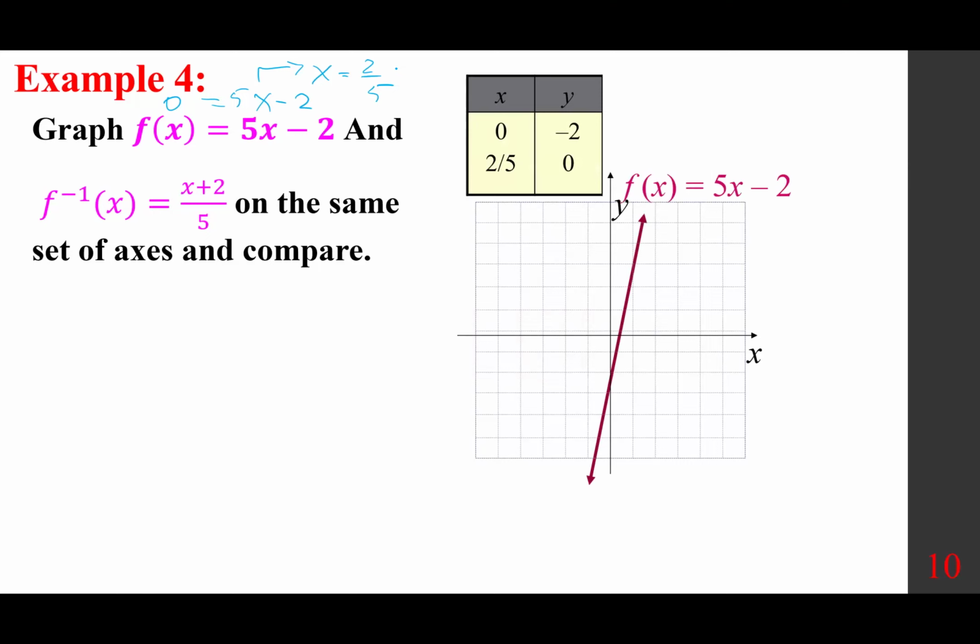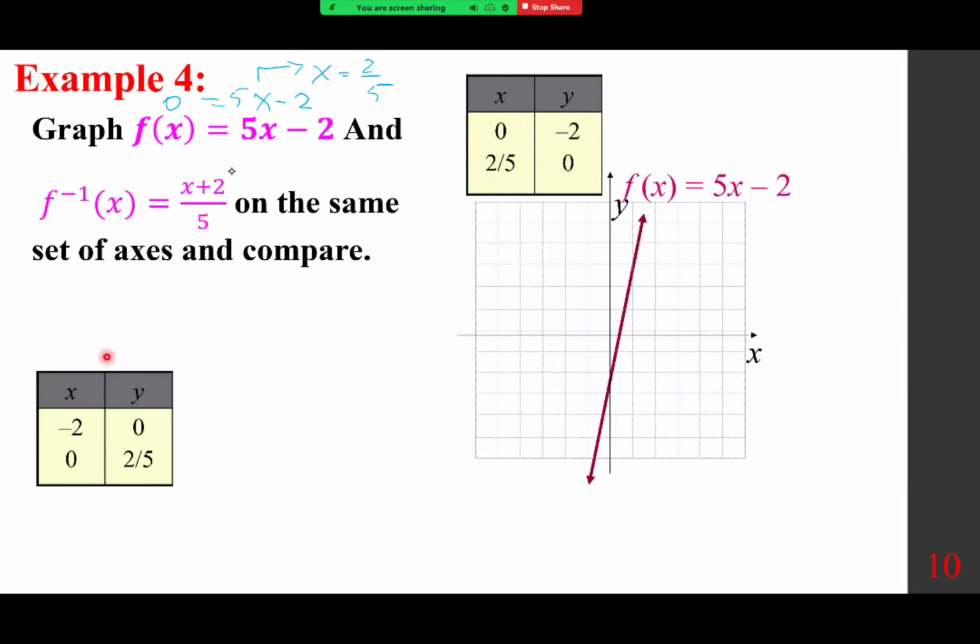So we can graph y equals 5x minus 2, or f of x equals 5x minus 2, looking like this. 0, minus 2 and 2/5, 0. Now, to graph the inverse, I hope you recognize quickly the pairs: 0, minus 2 becomes minus 2, 0, and 2/5, 0 becomes 0, 2/5.